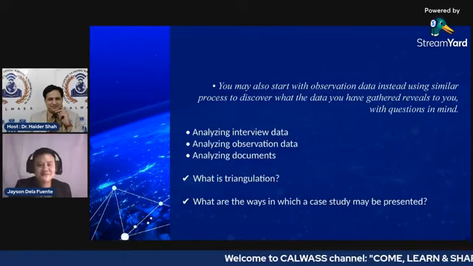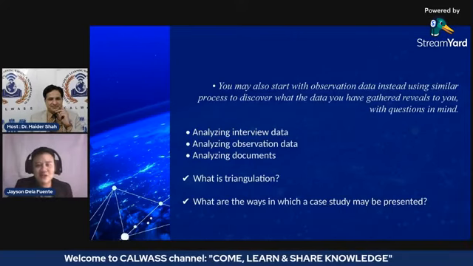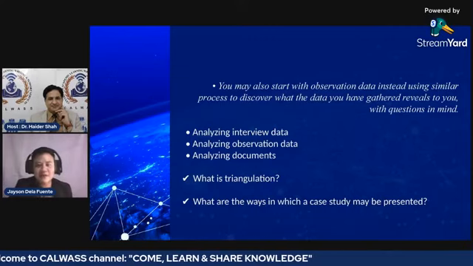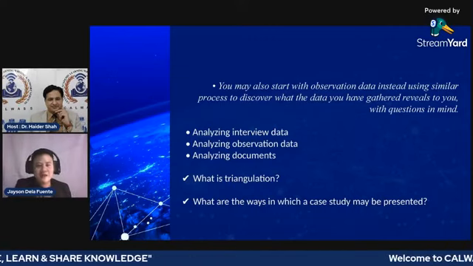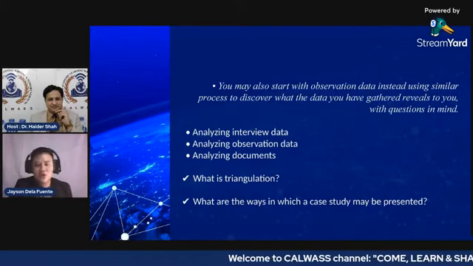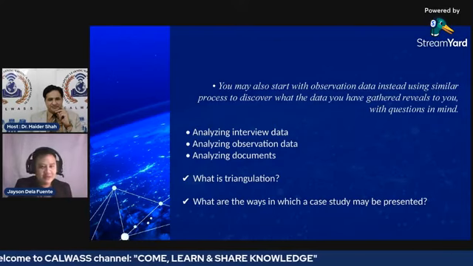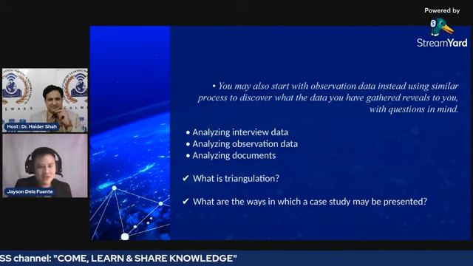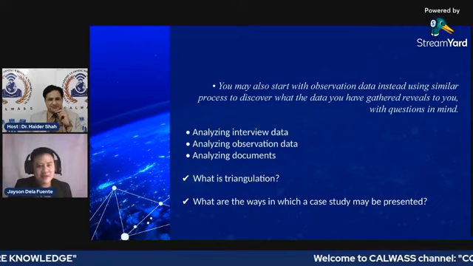you may also start with observation data, using a similar process to discover what the data you have gathered reveals to you. Okay, after transcribing your data, you are going to observe, to scan, to read the responses of your participants by looking into the data that you have gathered through your transcription.